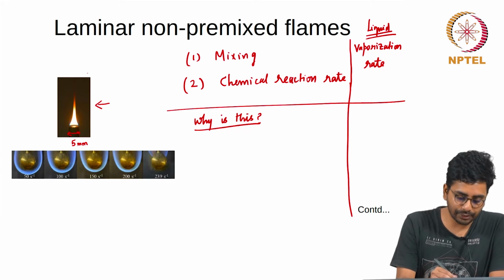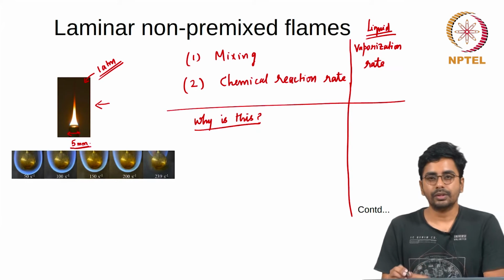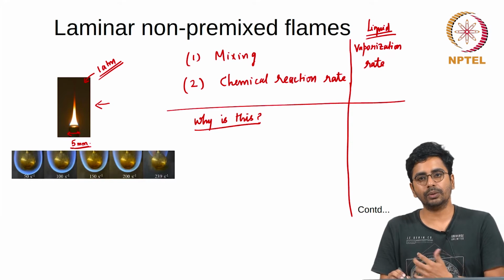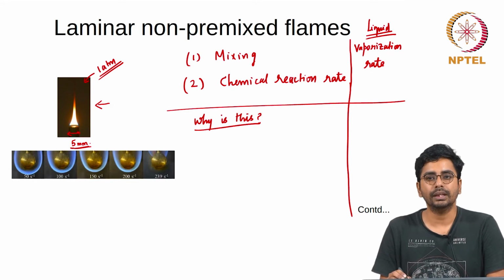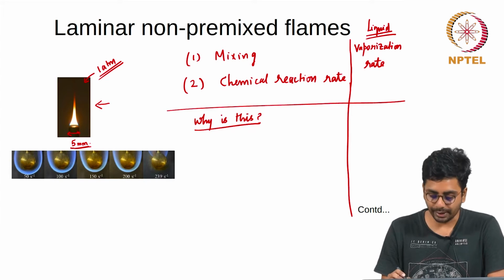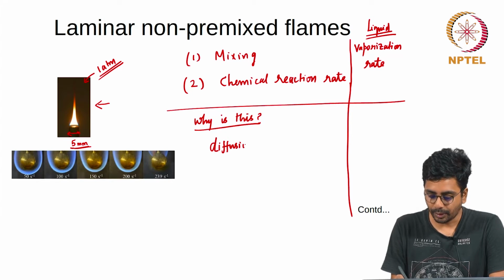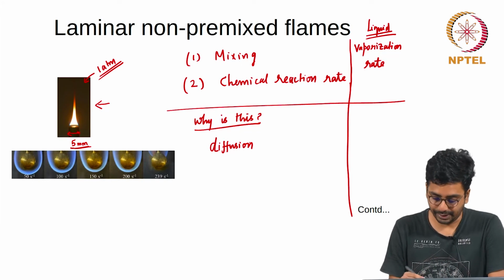So the ambient pressure is 1 atmosphere. So the key thing to decide what controls the consumption rate of the fuel in a non-premixed situation is the diffusion distance, or the lateral diffusion distance.